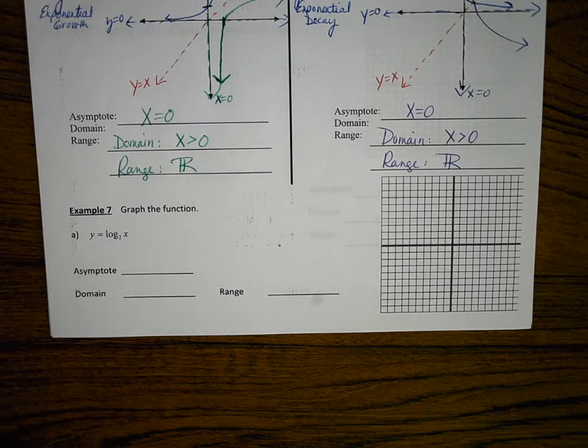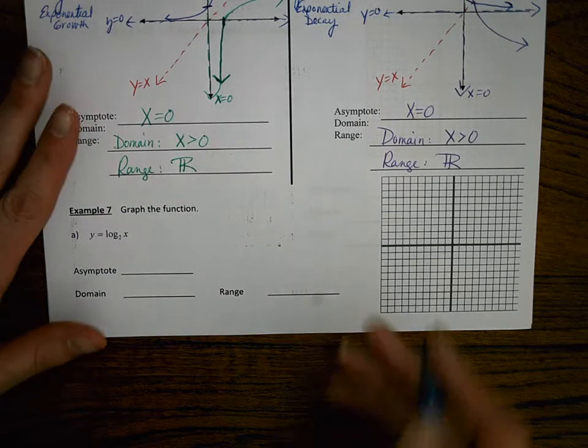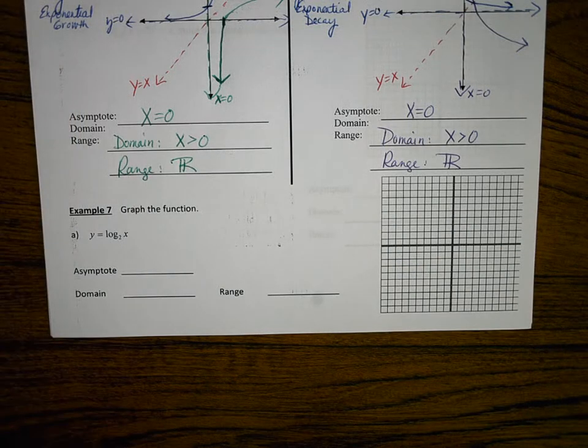Okay, we're going to use that idea of our definition of a logarithm to help us graph these in a very quick and efficient way. We shouldn't need a calculator to graph these because we're going to graph it in a way that's going to make them nice. Now, what base am I in? Base 2.